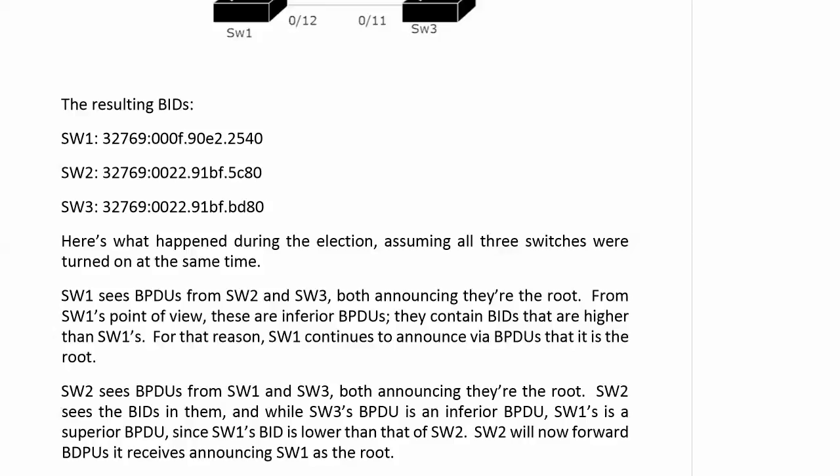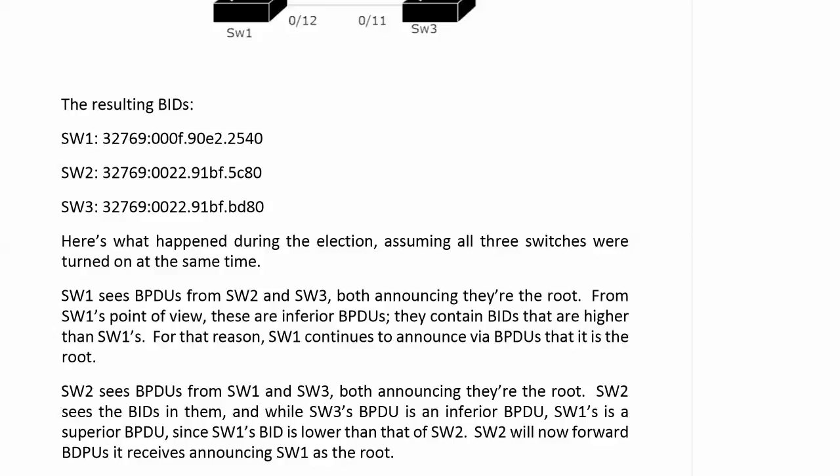Its MAC begins with 000. That is the deciding factor since the priorities are the same, and switch 2's and 3's both begin with 002. So it's all over right then and there. Switch 1 just says, these are inferior BPDUs. They don't bother me. I'm still the root, and I'm going to keep sending out BPDUs that announce myself as the root.